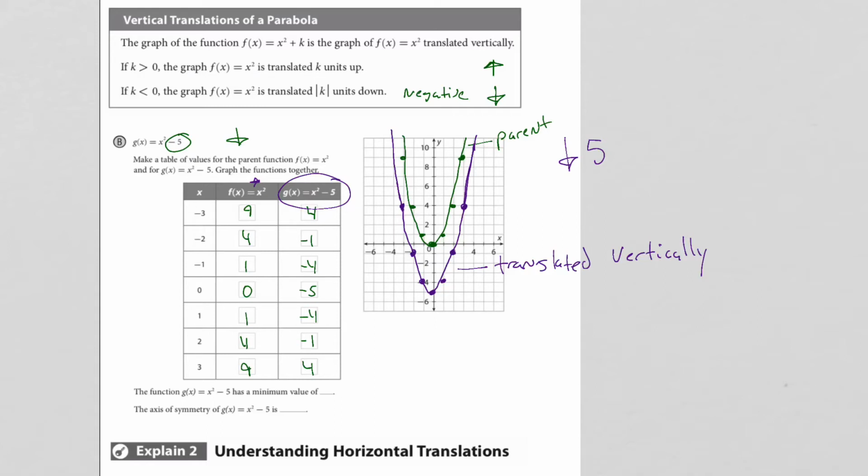Instead of the minimum value being 0, the new minimum value is -5. The axis of symmetry is still the same, however, because we didn't move left or right. So the axis of symmetry is the line x equals 0, right down the y-axis.